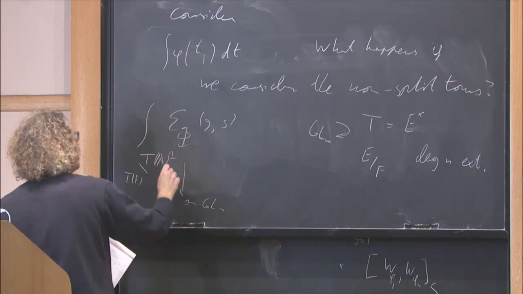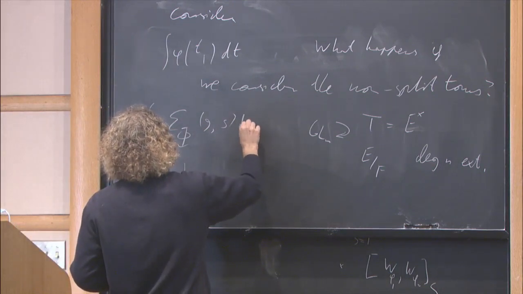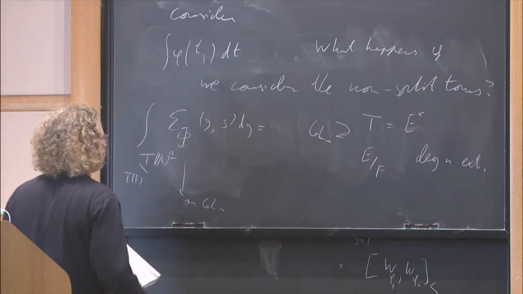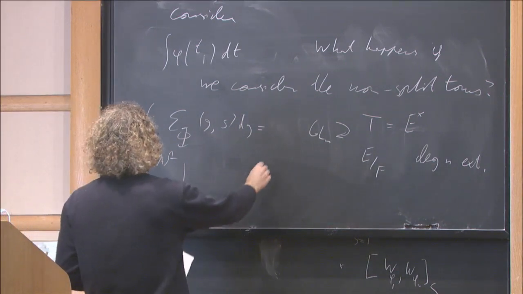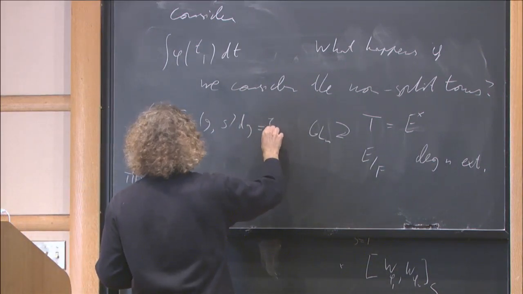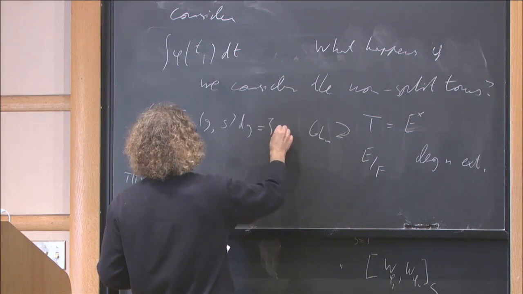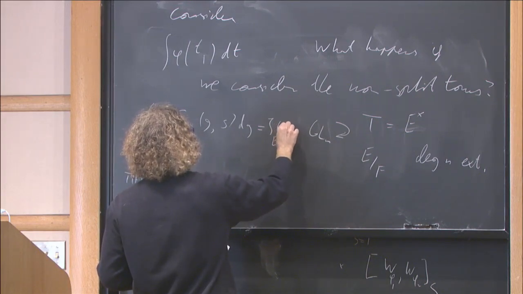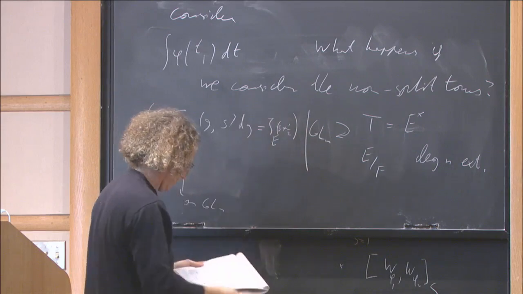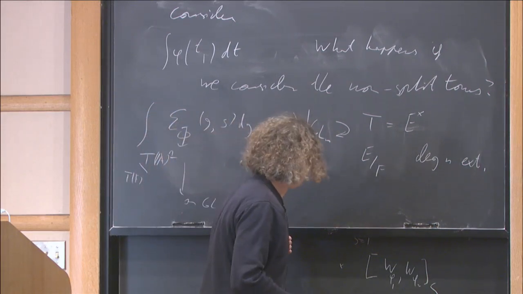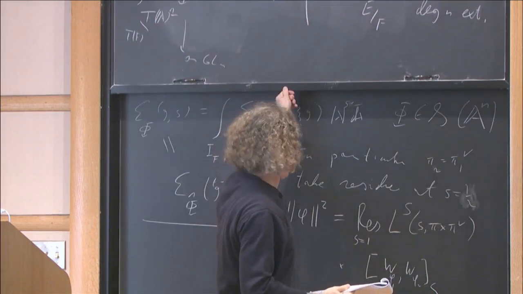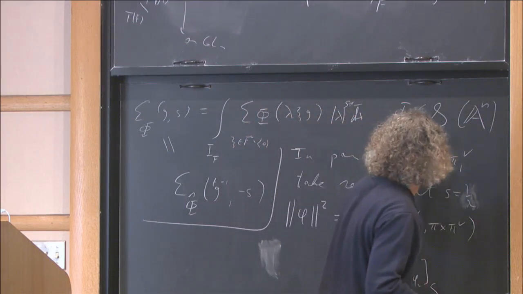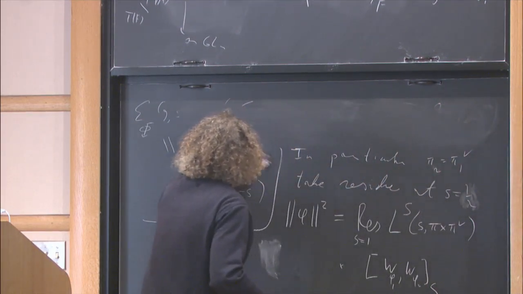Okay, always with this one thing. So that's basically the Dedekind zeta function, right? So that's the classical computation. So for GL2, it's kind of good and bad.